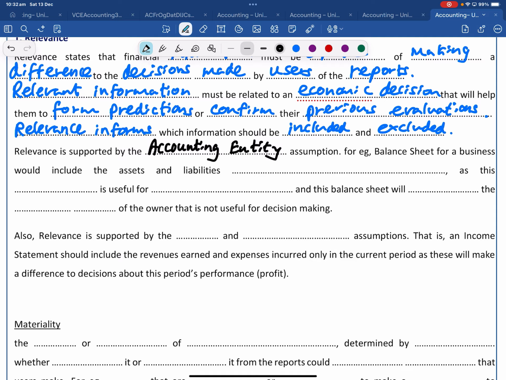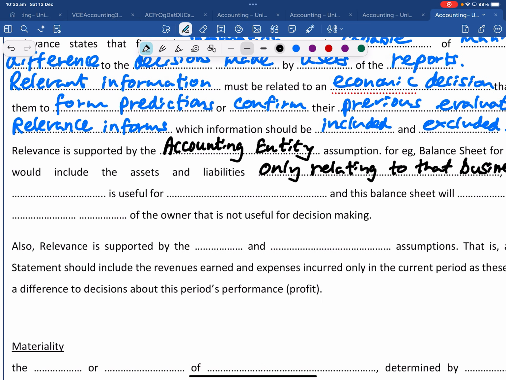For example, a balance sheet for a business would include the assets and liabilities only relating to that business, as this information is useful for decision making.